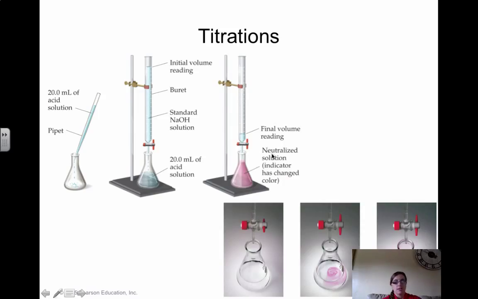So as you guys probably remember from last year, it just takes 1 drop for it to go from very light to very dark. The neutralized solution, that's your endpoint. That's when it has changed color. And then you can take a look at these pictures at the bottom. So you see that it starts clear, and then as you're adding more NaOH, it starts to get more pink, and then your equivalence point is once it turns pink and stays pink.